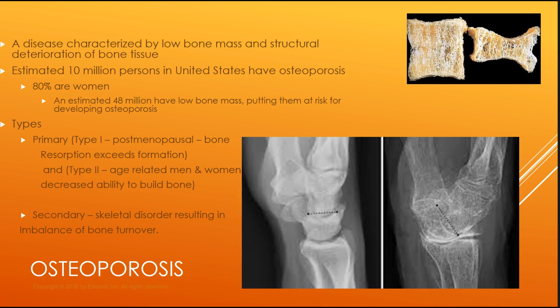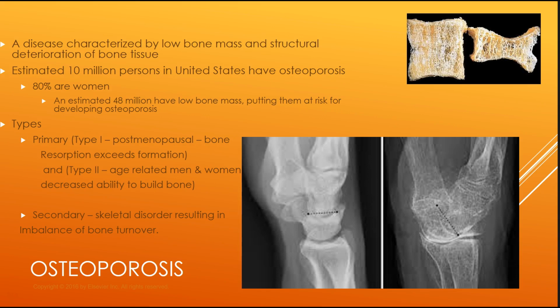Primary type 1 is post-menopausal, where bone resorption is exceeding formation, mainly due to lack of estrogen. Primary type 2 is age-related. It can happen to men and women, and it's a decreased ability to build bone.